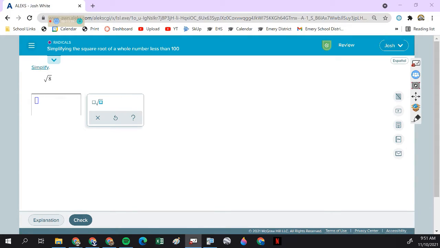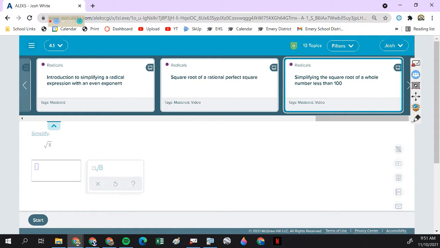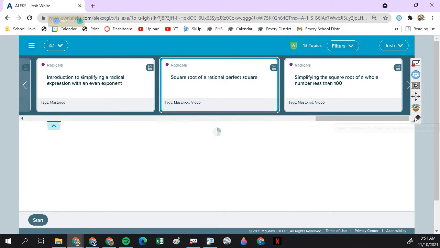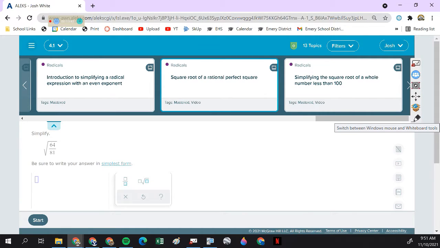Let's take a look at them. Okay, simplifying the square root. How would you do the square root of a fraction? You could, but what if it doesn't end up being a whole number? You take the square root of the top and the square root of the bottom.